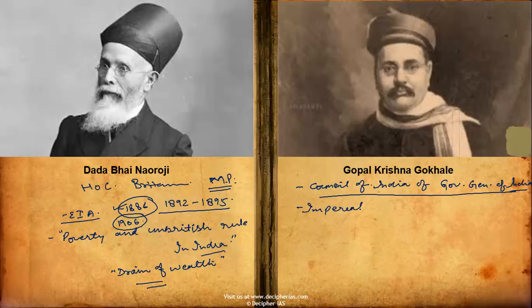When this Imperial Legislative Council was expanded in 1909, if you remember, then he became its member. There he obtained a reputation as extremely knowledgeable and contributed significantly to the annual budget debates.